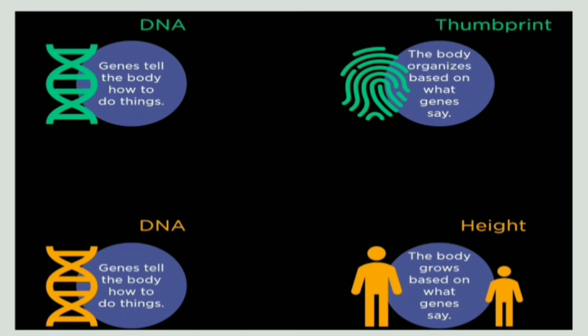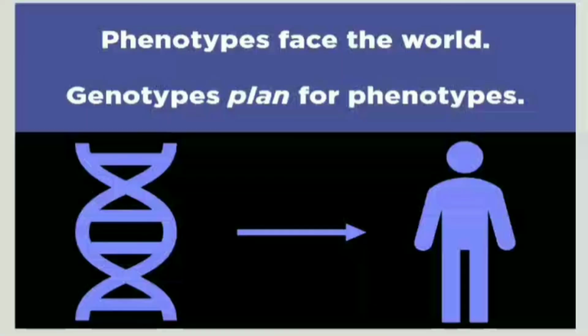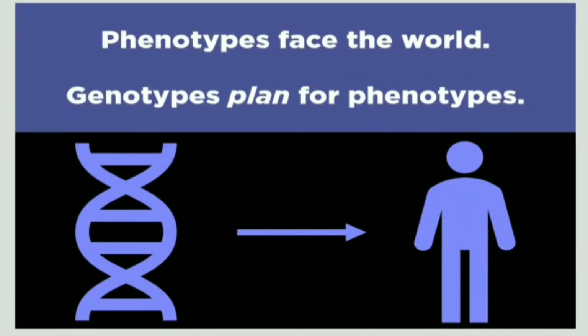So in the case of thumbprint, the body organizes based on what the gene says, and in the case of height, the body grows based on what the gene says. So DNA is the genotype, whereas thumbprint as well as height is what the phenotype is. So we can say that phenotype faces the world, whereas genotype plans for phenotypes.